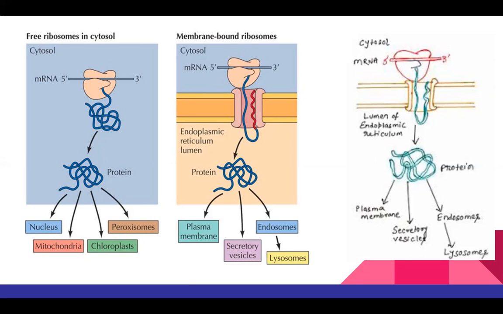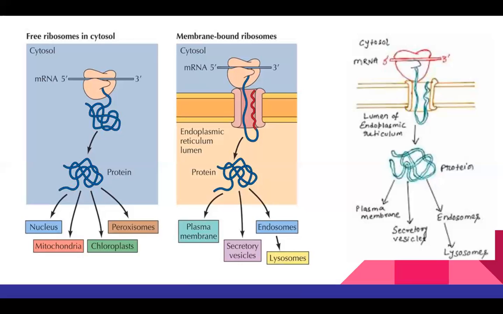So for the endomembrane system, it's not that they're automatically secreted. It just depends on what signal that particular protein has. But for the protein to be able to enter the endomembrane system, it has to start with the ER. And so for the protein to get into the ER, it has to be translated on a particular ribosome, and that particular ribosome is the ribosome that is membrane bound.